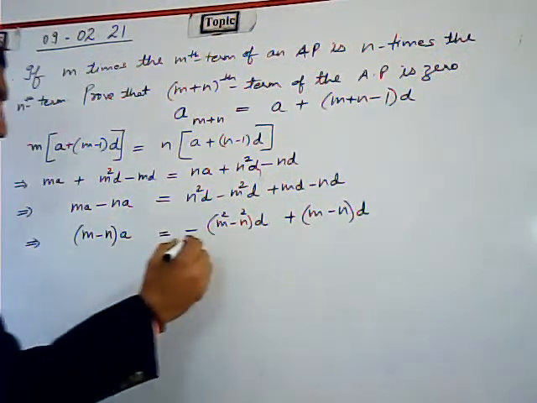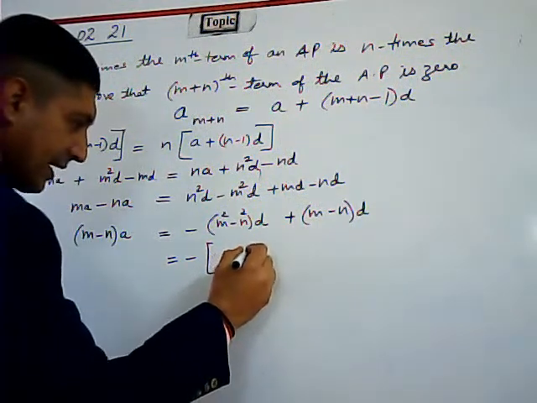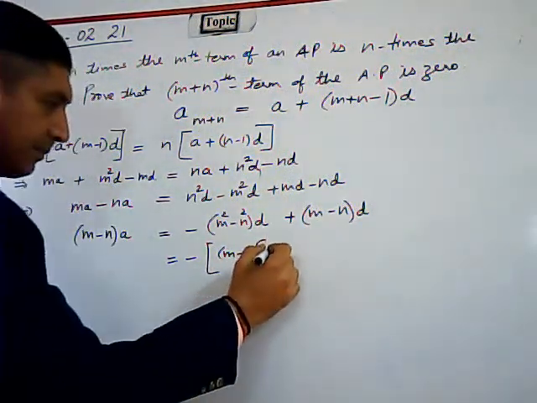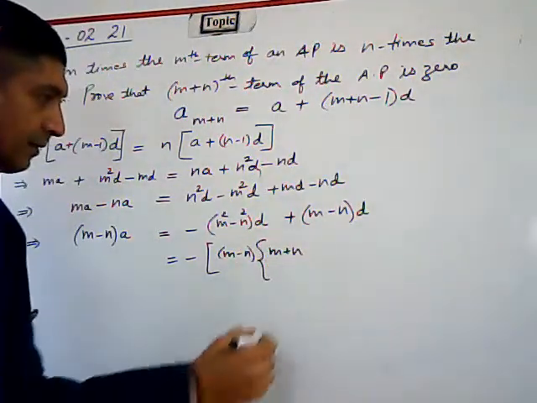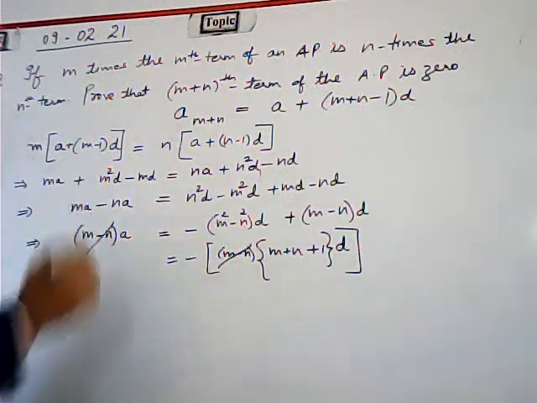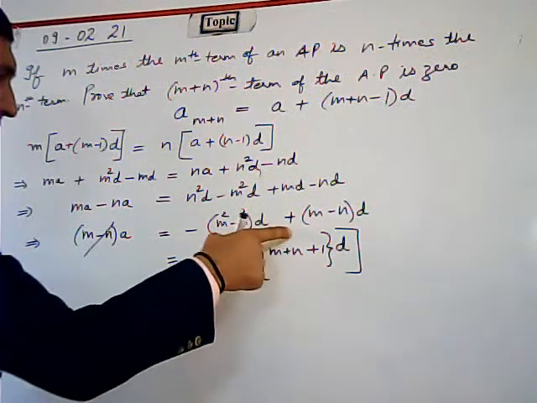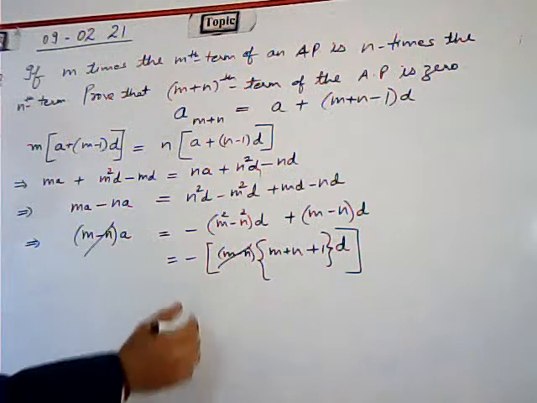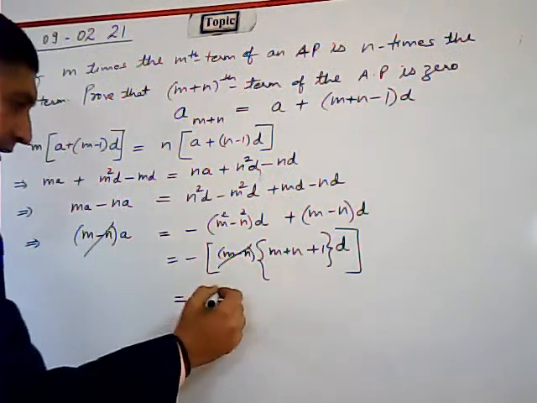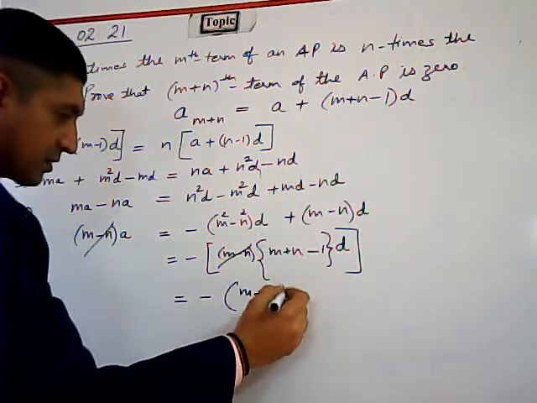So here what we can do, we take m minus n common, right, into m plus n minus 1 into d.